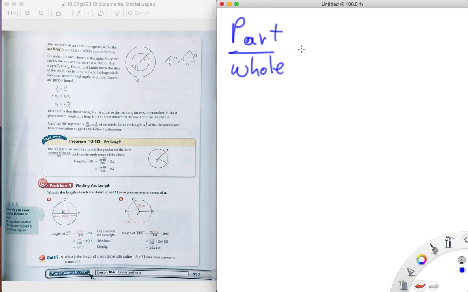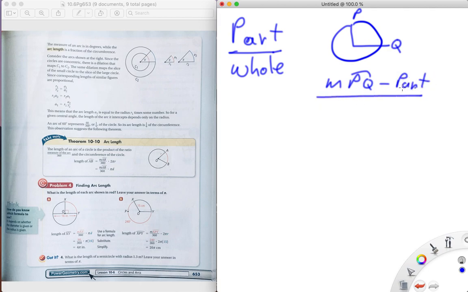Well, when we're talking about the minor arcs or the major arcs, we have a circle. Let's call it PQ. PQ is my minor arc. That's my part.